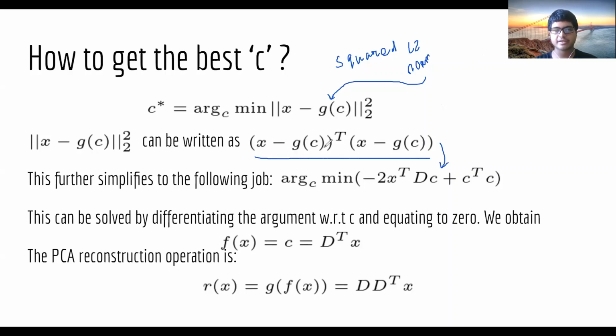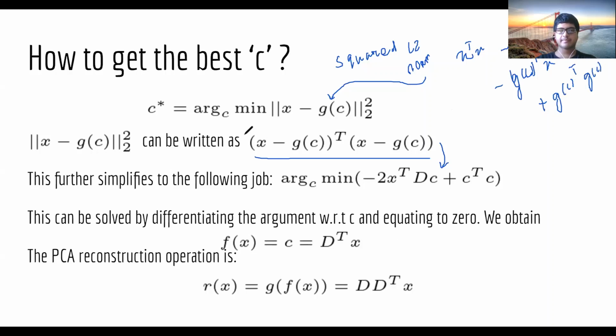Using the transpose rule, a plus b whole transpose is a transpose plus b transpose, what we get is x transpose x first of all, then minus x transpose g of c, next minus g of c transpose x, and then plus g of c transpose g of c. Fine.